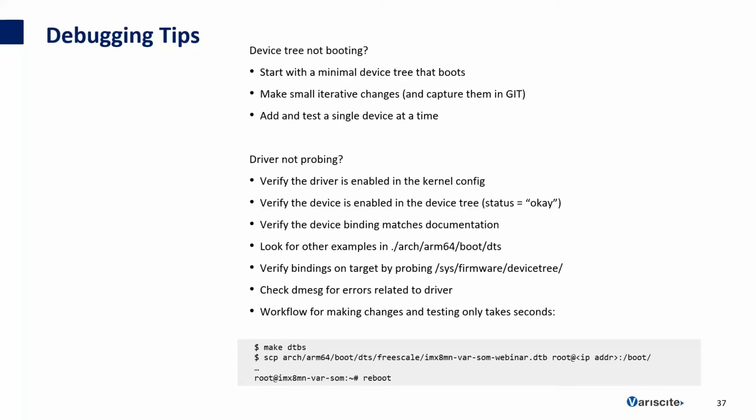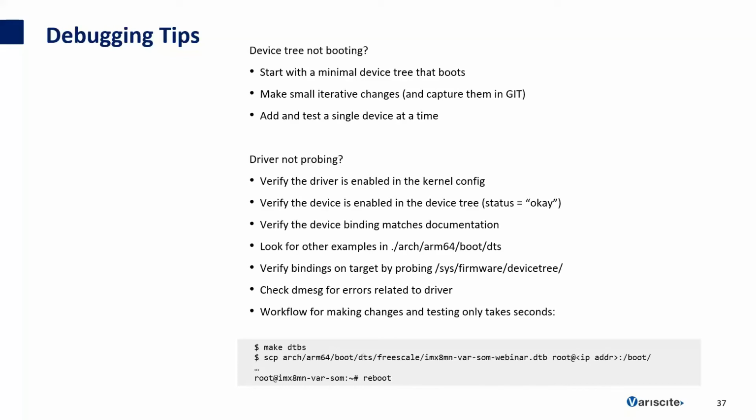If your driver isn't probing, it can be helpful to verify that the driver is enabled in the kernel configuration. You'll want to verify that the device is enabled in the device tree and that status is set to OK. Verify that the device tree binding matches the documentation. Look for other examples in the arch/arm64/boot/dts directory.